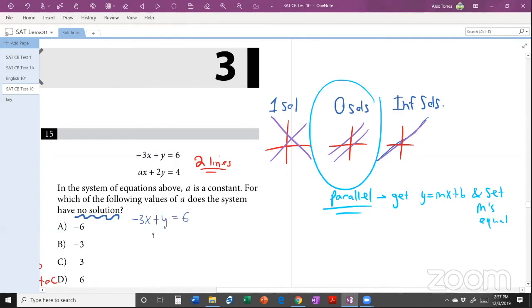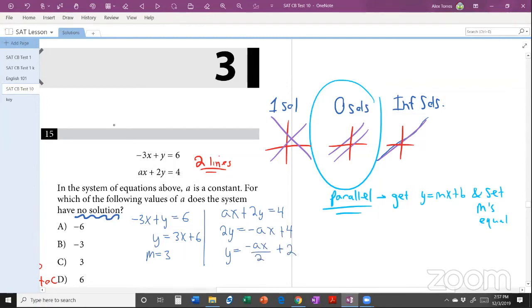Get y by itself, so add 3x to both sides. So y equals 3x plus 6. The slope is 3. For the other one, we have ax plus 2y equals 4. We're going to subtract ax from both sides. 2y equals negative ax plus 4, divided by 2. y equals negative ax over 2 plus 4 over 2, which is 2.